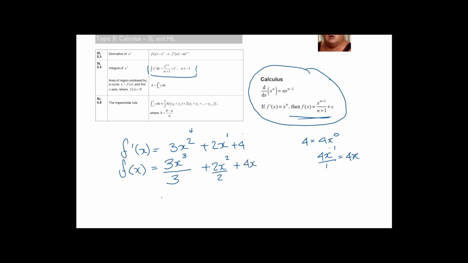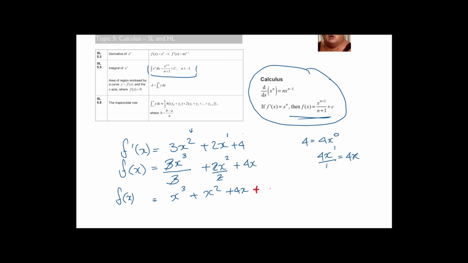Okay, so now we can simplify it a little bit. The 3's will cancel. 3 divided by 3 is 1. The 2's here will cancel. Plus 4x. Have we forgotten anything? Which is yes.